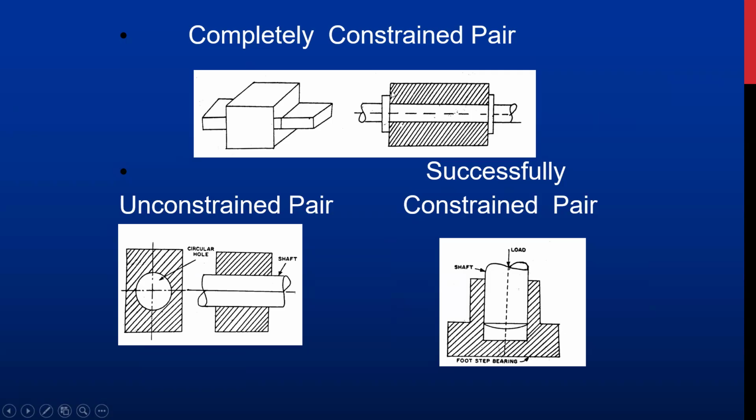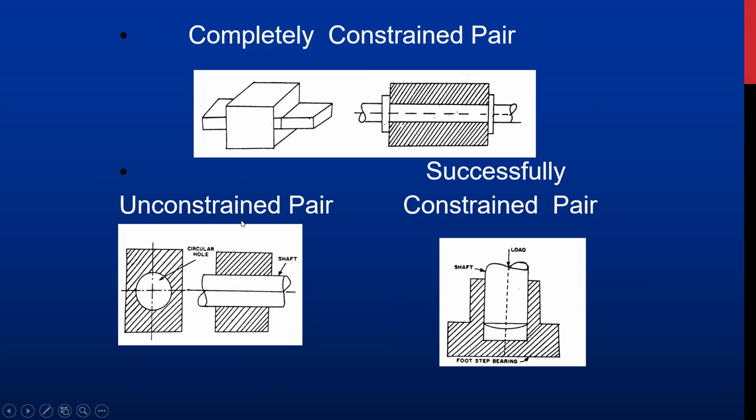The same goes for the unconstrained pair. In an unconstrained pair, let's say we have a shaft, and the shaft can freely rotate and move through this material. So the shaft, as we see right here, can rotate and can also go through.